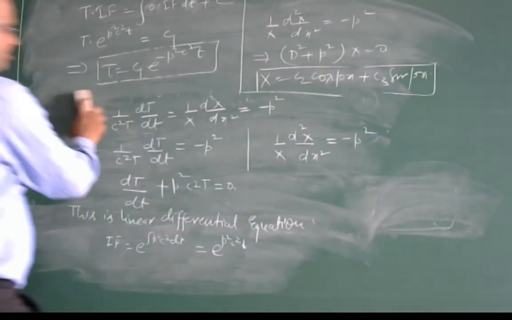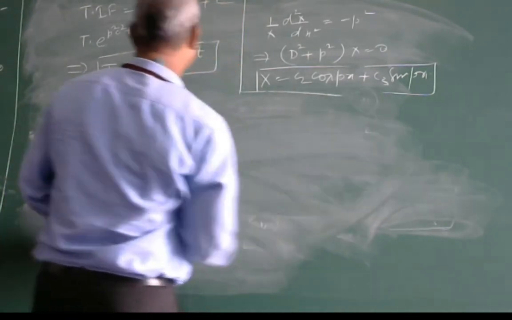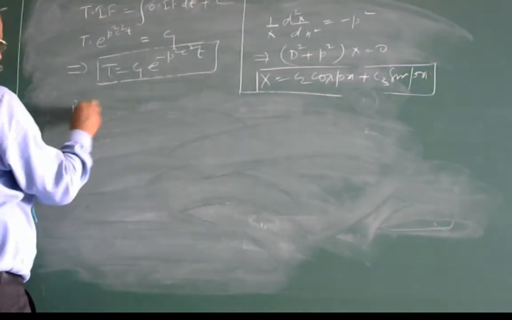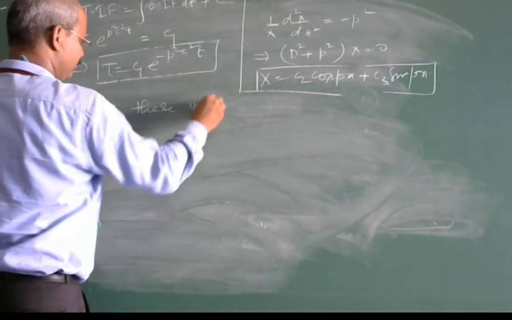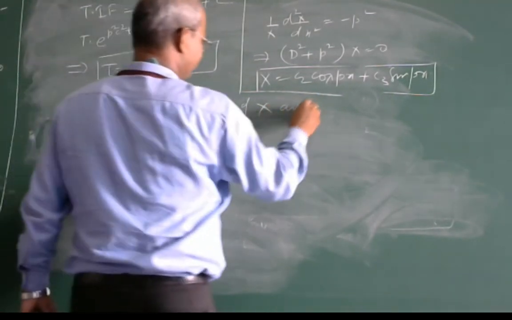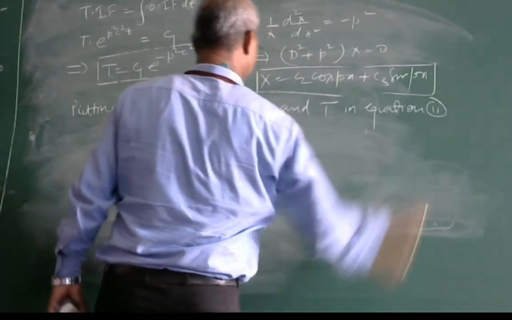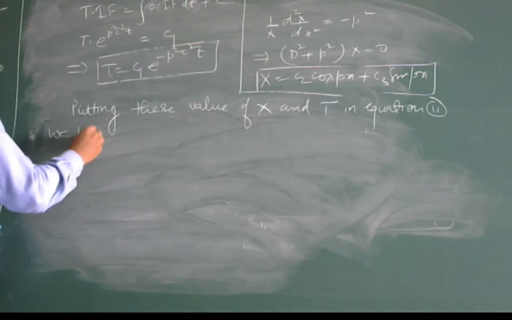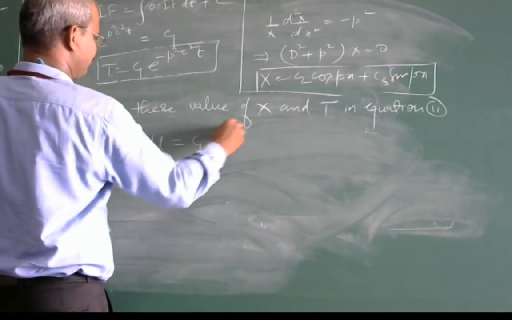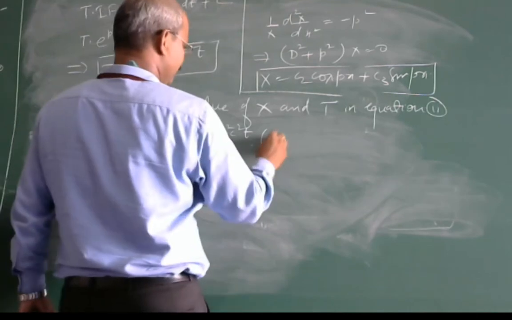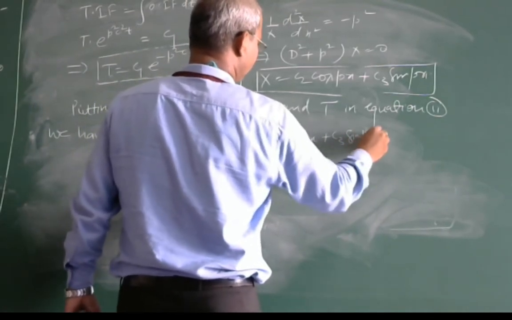So putting these two values of X and T in equation 2, we have u equal to XT, which means c1 e to the power minus p square c square t into (c2 cos px plus c3 sin px).